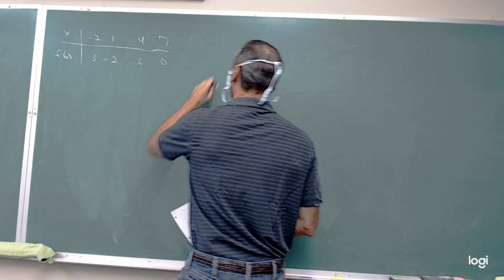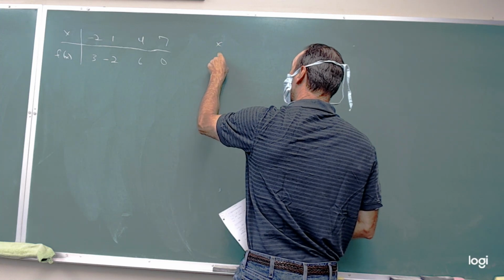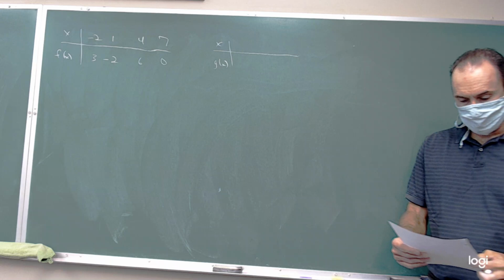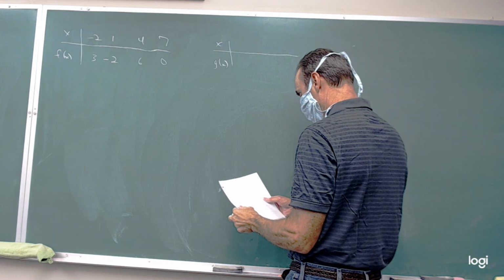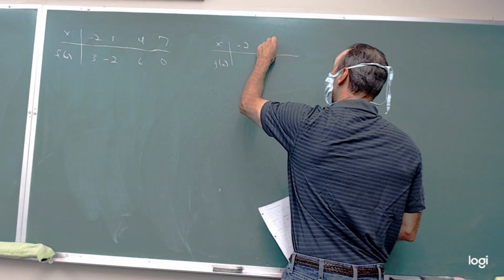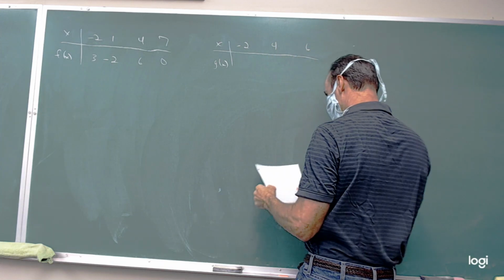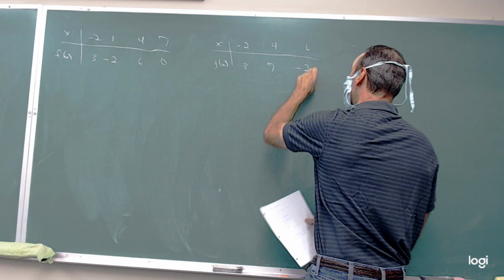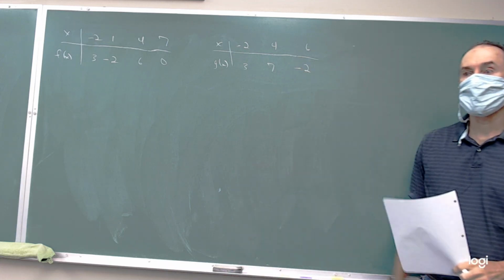Then our function g of x is also going to be given numerically, with negative 2, 4, and 6 as x values, and 3, 7, and negative 2 as its functional values, its y values.